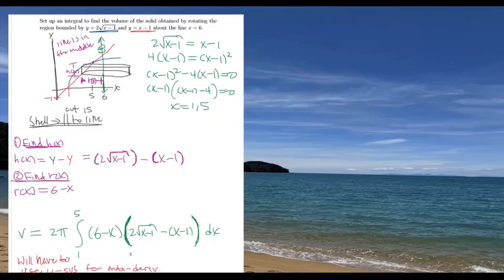Now, how do you find the radius? The radius function, if you're rotating around an axis, is just going to be x or y. Like I said, I'll get to that in a second. But since we're rotating around 6, it's not going to just be x. It's going to be 6 minus x. Now, you might be thinking, wouldn't it be 6 plus x?